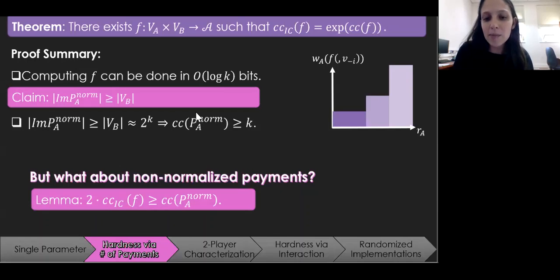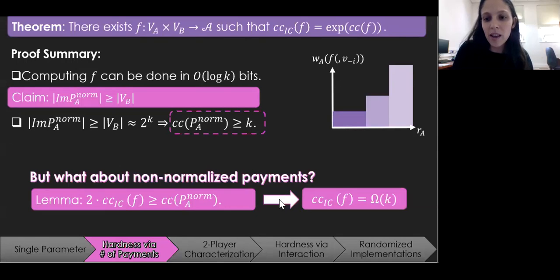So there is another lemma which says that computing this specific payment can be done by two calls to the most efficient mechanism for the function. So we get from the hardness of this payment the hardness of all mechanisms, and thus we complete the proof. We won't show this lemma.